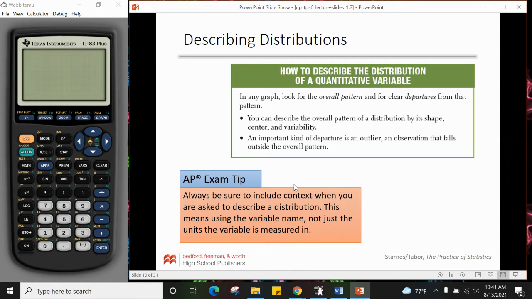You see, I keep bringing up whatever the variable is we're talking about. That's how you put this in context. So using variable names, not just the units, not just goals scored, but for what? The U.S. national team games who scored 4 goals or something along those lines.